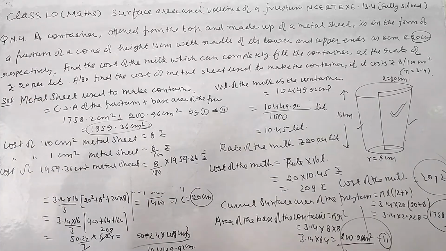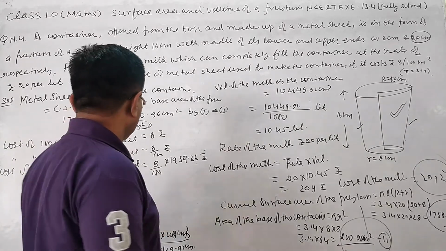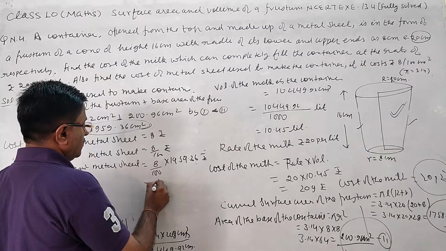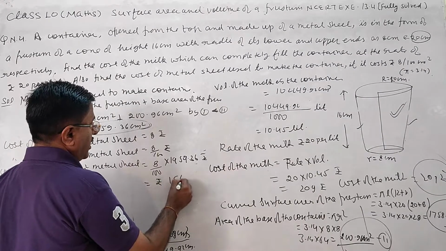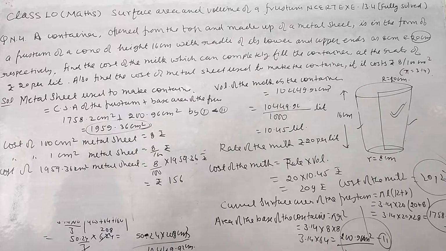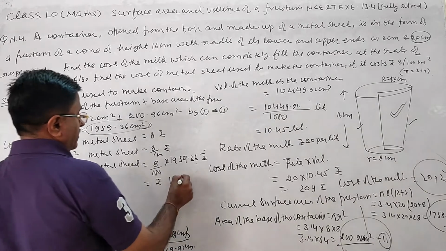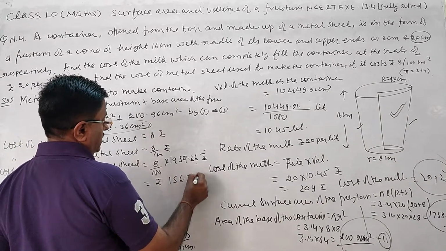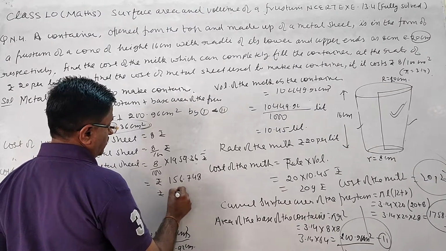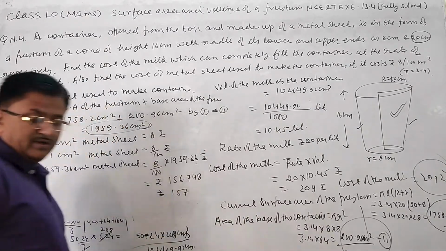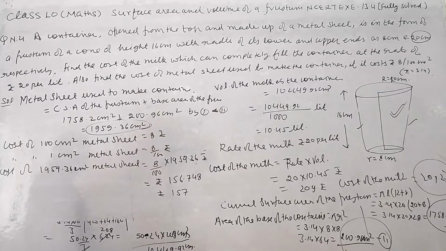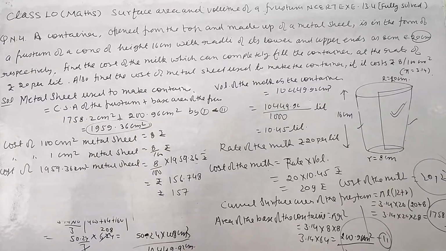That gives you 156.748, approximately 157 rupees. Correct? So in this way we can find the cost of the sheet and the cost of the milk.